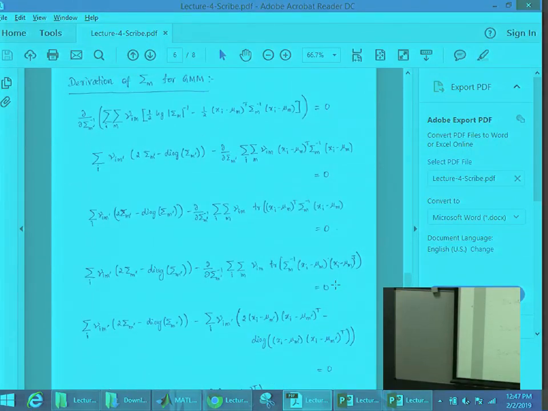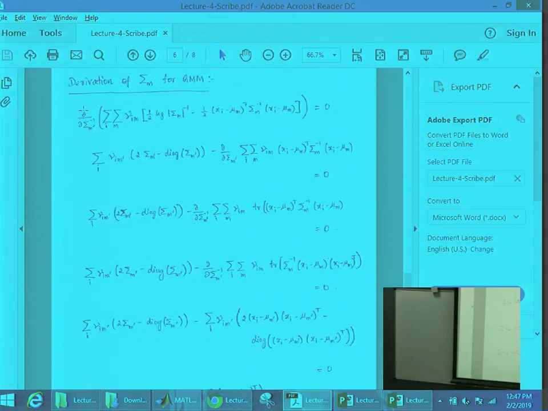So we had the Q function, and from there we had a constraint, and we constructed the Lagrangian. From there we neglected all the terms which don't have sigma m inverse, and we keep only those terms which have sigma m inverse.